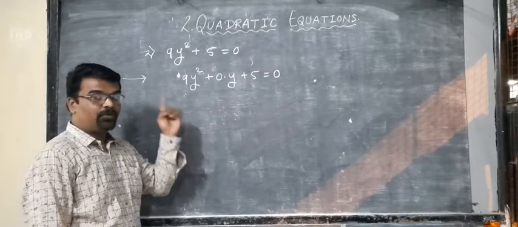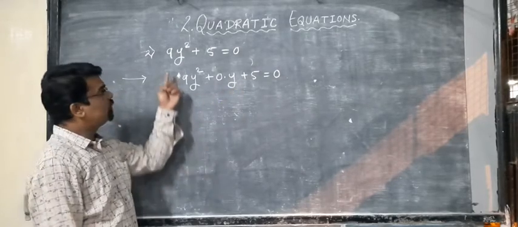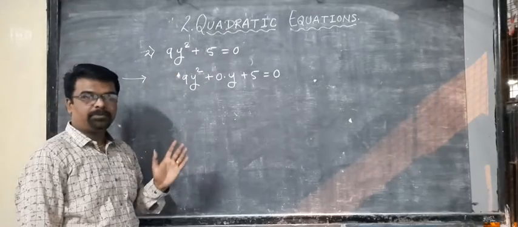We have to decide whether this given equation is a quadratic equation or not. First of all, we have to check how many variables are there.